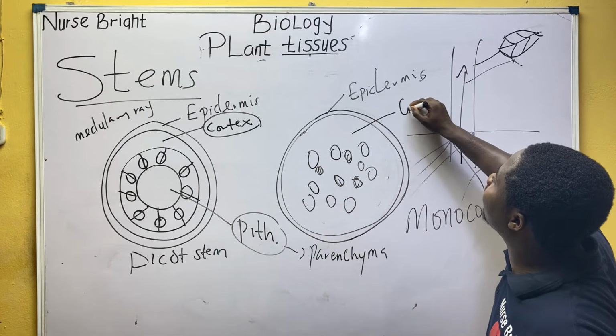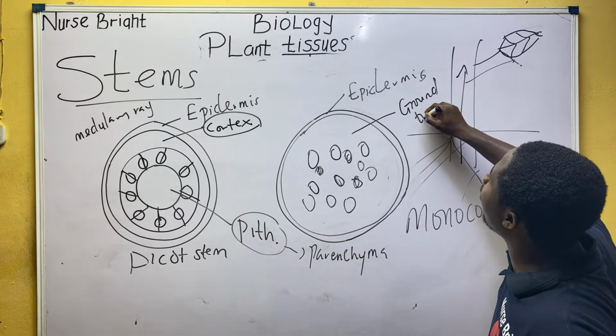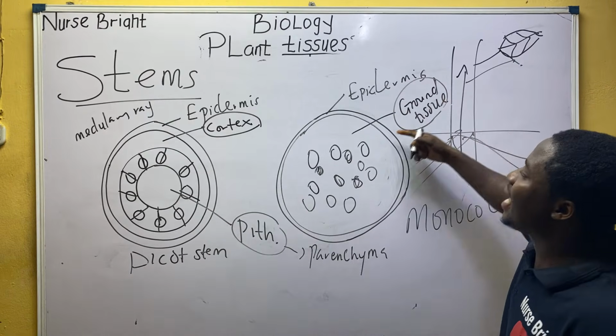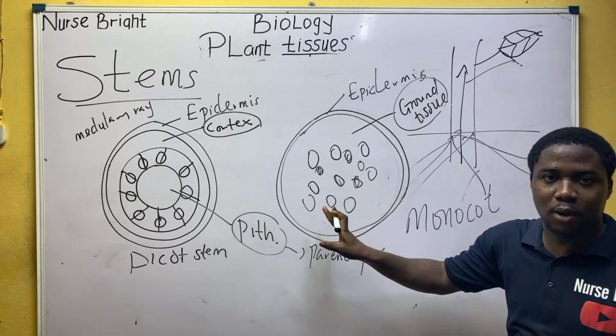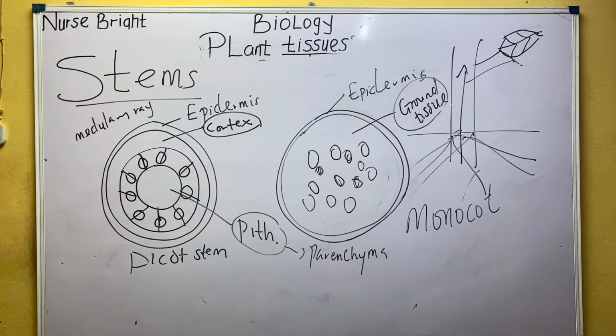This place they just call ground tissues, where the cortex and also the pith are found. There's no distinct diagram that separates the cortex and the pith there.